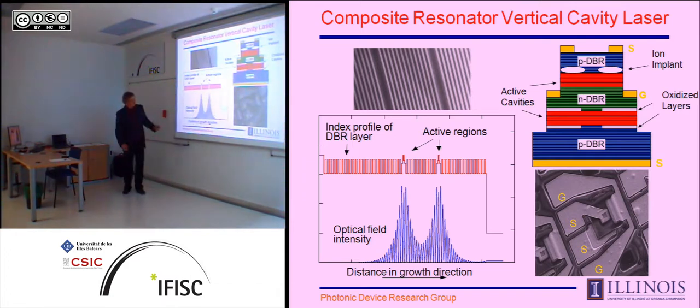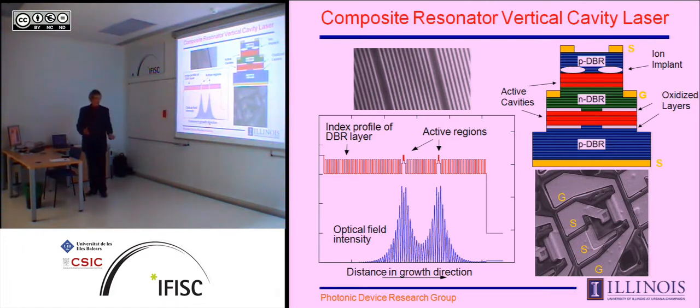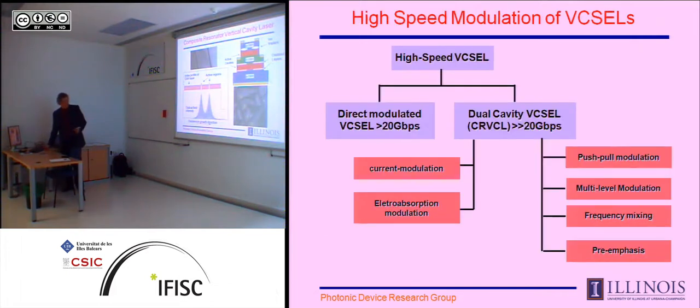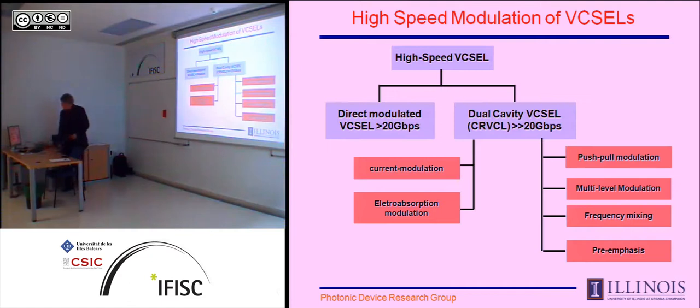This is looking down from the top view of these devices. This device structure requires about 13 levels of photolithography. It's one of the most sophisticated devices we've ever tried to build in an academic clean room, and I was very impressed that hard-working students can do such a thing.